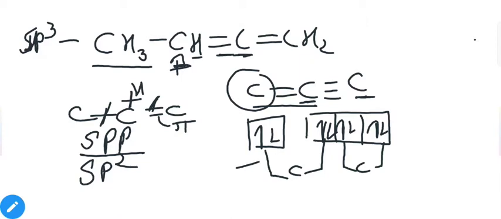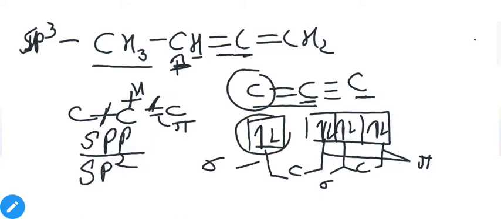Now first bonds are always sigma bonds, so these two will be sigma bonds. Second bonds are always pi bonds, so this bond and this bond will be pi bonds. So we have 2 sigma bonds and 2 pi bonds in this case. And as we already know, we have to count sigma bond pair electrons and non-bonding electron pairs. But we don't have any non-bonding electron pairs here, so we only count sigma bond pair electrons.